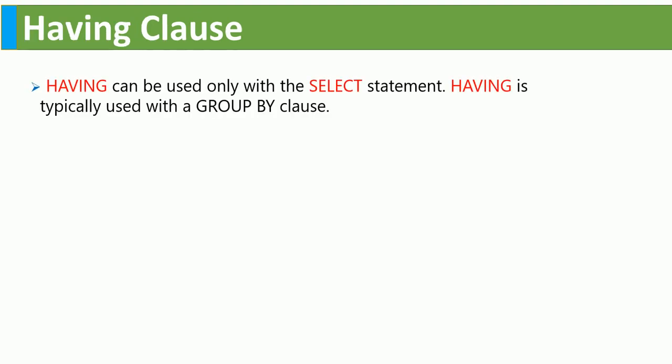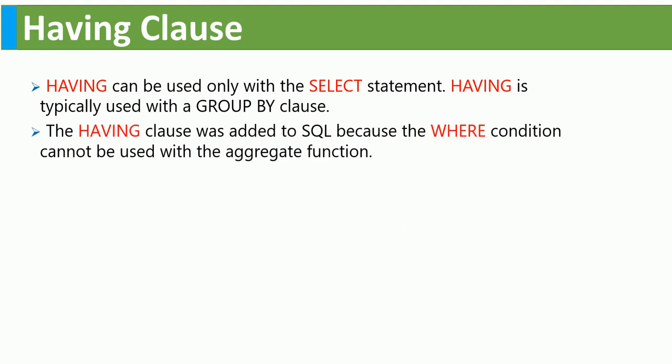HAVING can be used with the SELECT statement, and HAVING is typically used with the GROUP BY clause. The HAVING clause was added to SQL because the WHERE condition cannot be used with an aggregate function. So you cannot use the WHERE condition with an aggregate function. Aggregate functions are like minimum, maximum, count, average, and sum.